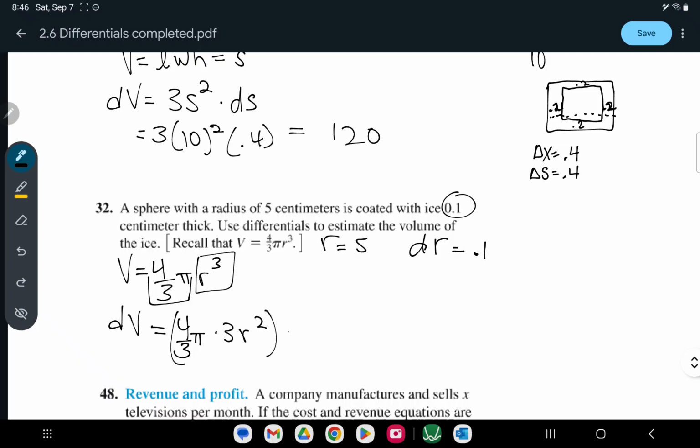I'll clean this up in a minute, and then we will have times dr. The 3 divided by 3 will just cancel out, so I actually have 4 pi r squared times dr, which is 4 pi. We have a radius of 5, and my change is 0.1. So then we get 31.4.